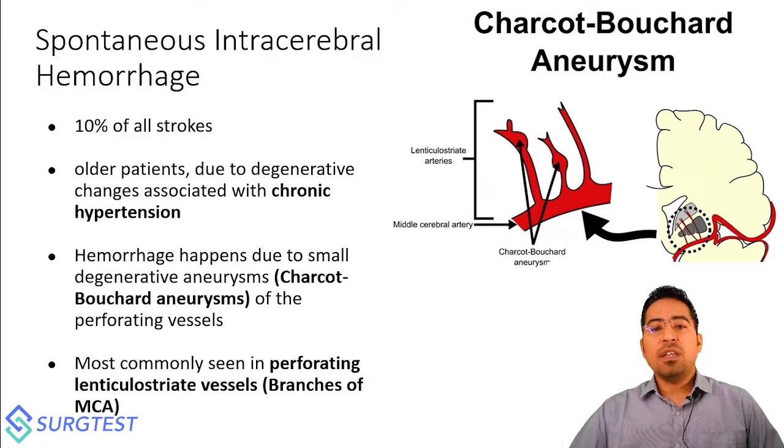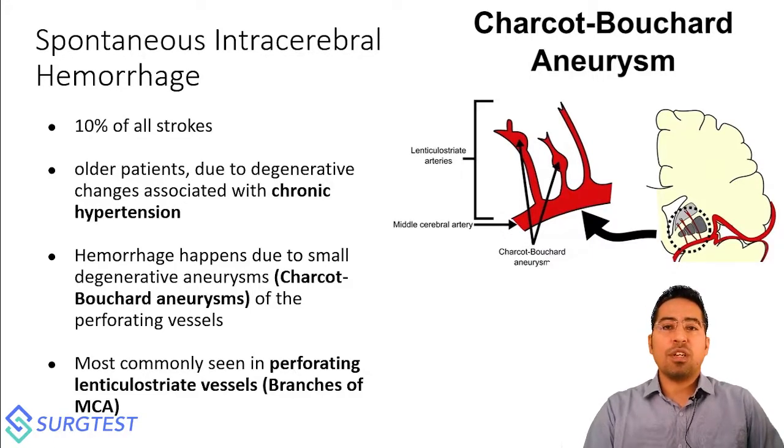Most commonly, the perforating vessels which rupture and cause spontaneous intracerebral hemorrhage are the lenticulostriate vessels, which commonly supply the basal ganglia. So spontaneous intracerebral hemorrhage is most commonly seen in the basal ganglia, the BG bleed. So BG bleed is the most common spontaneous intracerebral hemorrhage, which is due to the Charcot-Bouchard aneurysms.